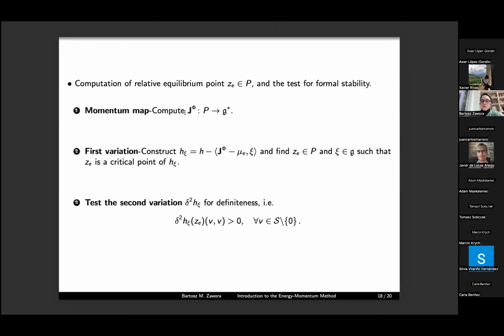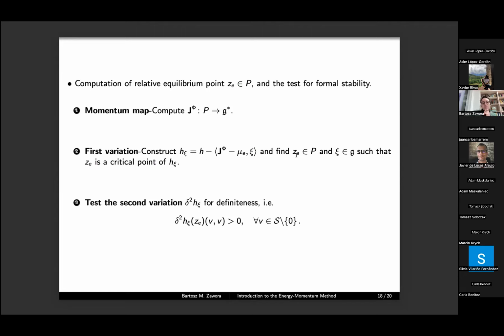Then we can compute the symplectic momentum map. If we know the symplectic momentum map, we can construct the extended Hamiltonian function. If we have this function, we just find relative equilibrium points as critical points of this extended Hamiltonian function.